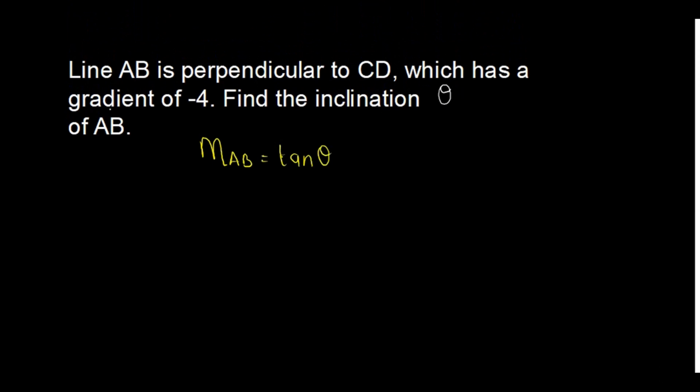What are we given? We are told that AB is perpendicular to CD. What does this mean? It means that the gradient of AB multiplied with the gradient of CD should give us -1.